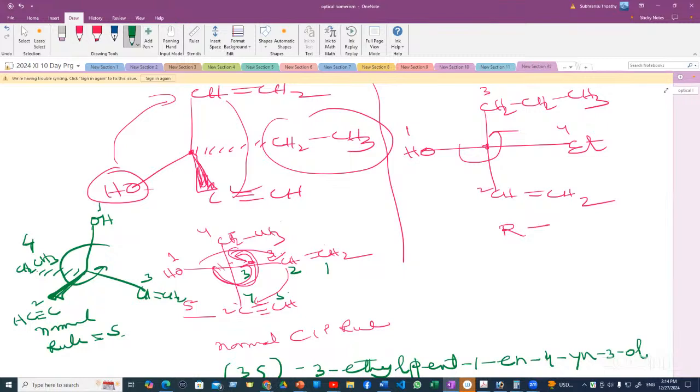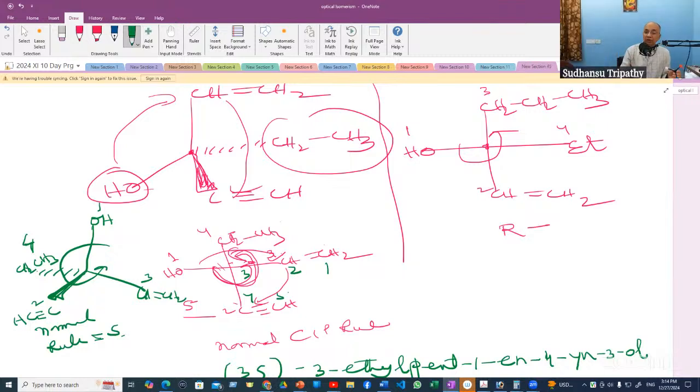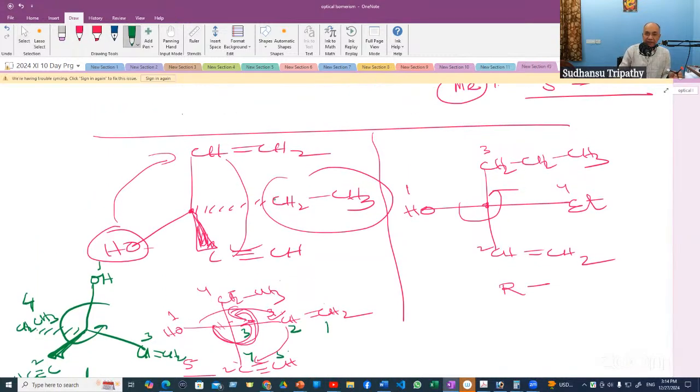But don't do it like that. You convert it to the Fischer formula and then do it. Now see, the second case, I have given the Fischer formula where the number 1 group is OH, number 2 is vinyl. Vinyl is senior to propyl because this is to be treated as bonded to 2 carbons.